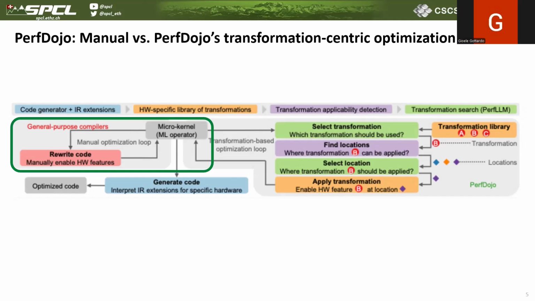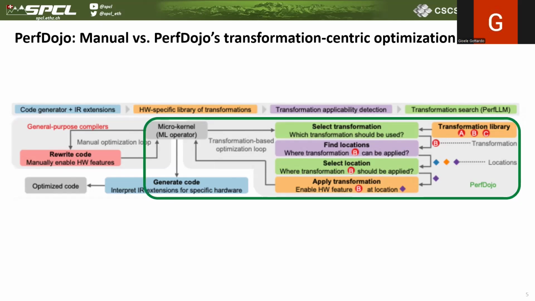If the performance doesn't match what they expect, they would then rewrite the kernel until they get the performance that they need. And we try to provide a more systematic approach to this optimization process by providing this transformation-based optimization loop.